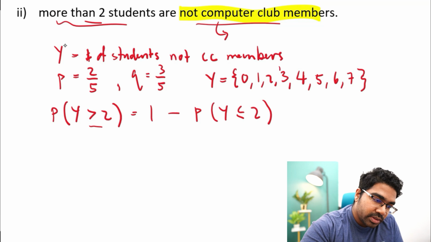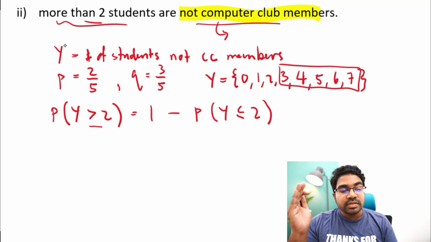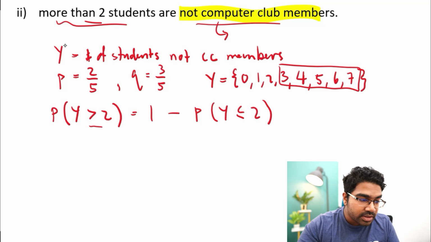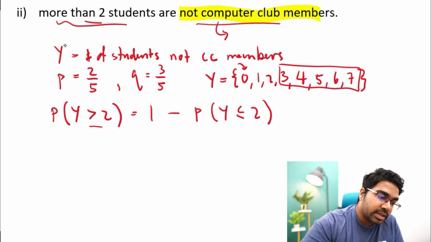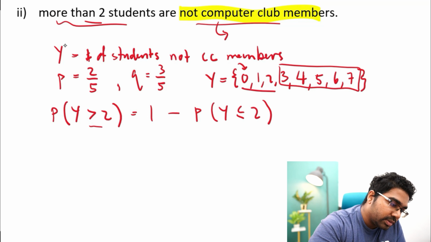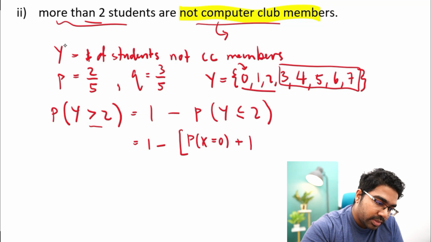More than 2 would mean this whole thing, so we have to do P equals 3, 4, 5, 6 and 7. Now instead of doing that, we can just do 1 minus this. So that's exactly what we are doing. 1 minus, in brackets. Please do not forget your brackets. Probability of Y equals to 0. Please don't forget 0. Plus probability of Y equals to 1.